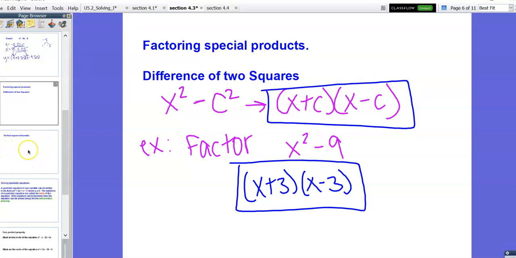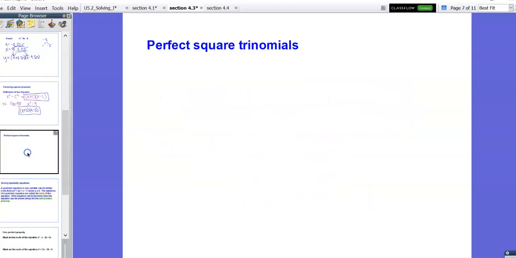The next one I'll talk about is perfect square trinomials, but this one, I think it's easier to just factor. You can use the shortcut if it helps you, but I think it's way easier to just factor it.